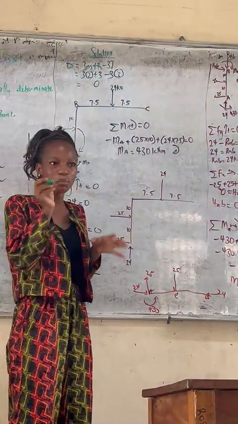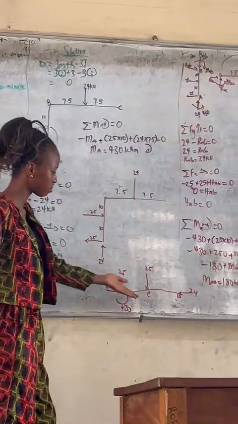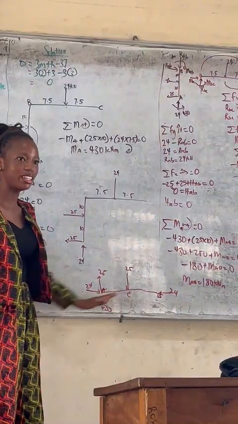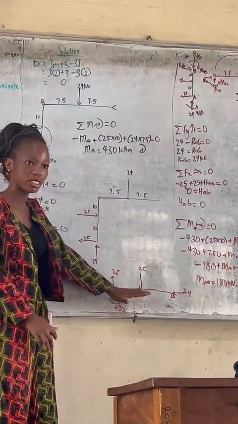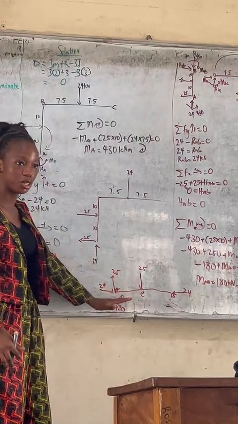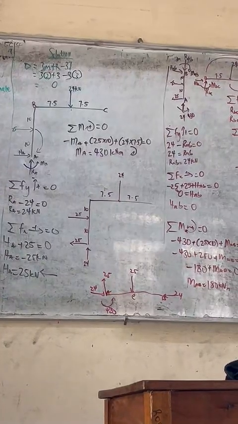You don't need to draw a free-body diagram. This is a datum line, there's no UDL, no moment. So now this shear is going to look like this. If you want to draw it, it's going to look something like this.